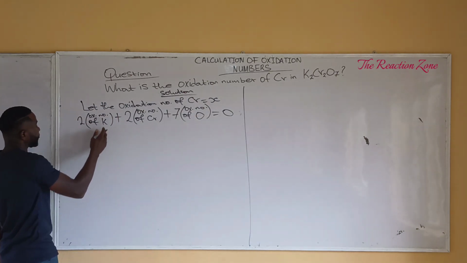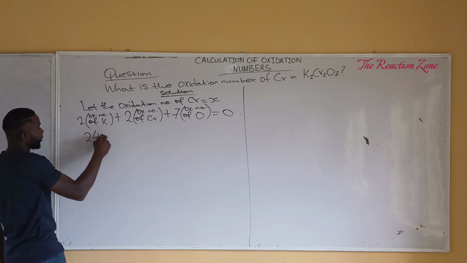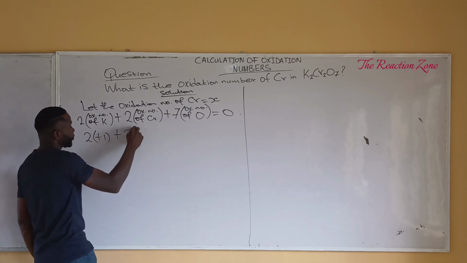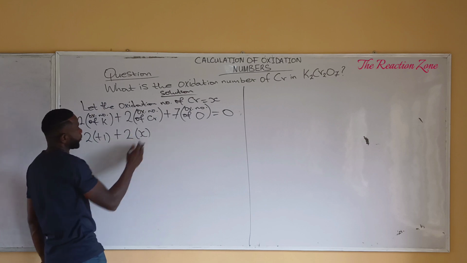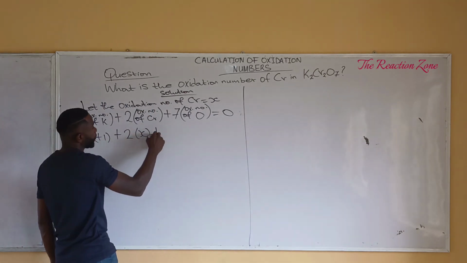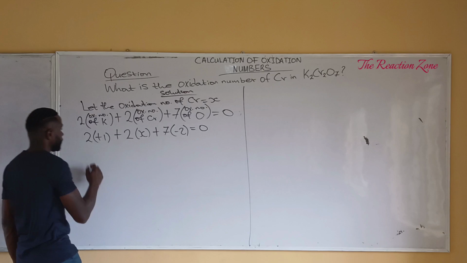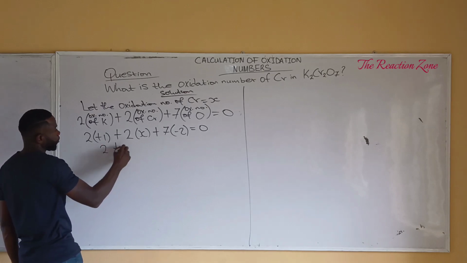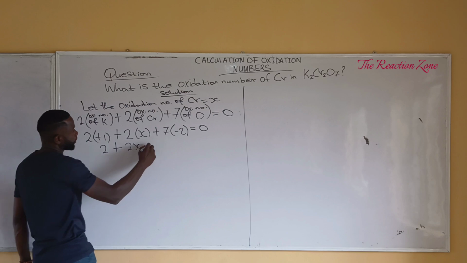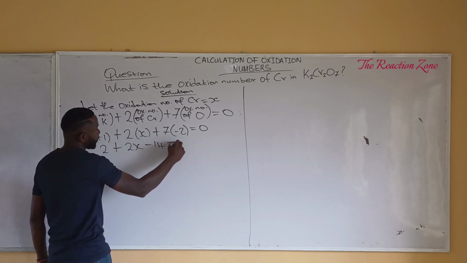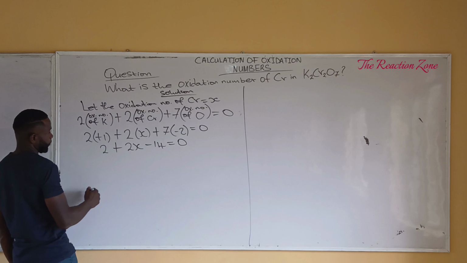Oxidation number of potassium is plus 1, so this is 2 into bracket plus 1 plus 2 into bracket x. The oxidation number of chromium is what we're looking for, plus 7 into bracket minus 2 will be equal to 0. So this becomes 2 plus 2x minus 14 is equal to 0.